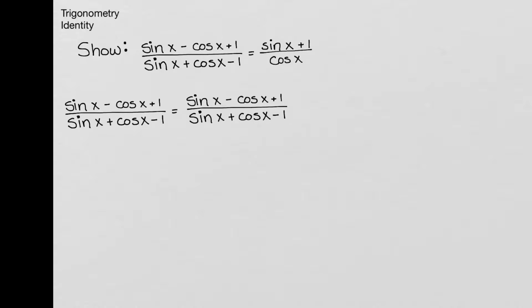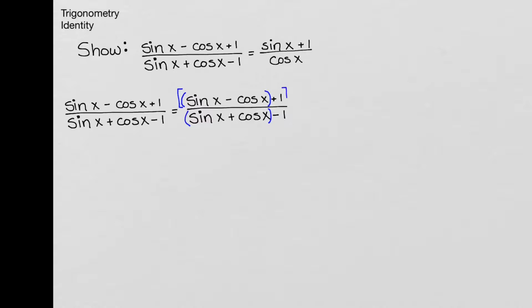Okay, so what I'm going to do is turn this 3-term expression into a 2-term expression by putting parentheses around sine x minus cosine x in the numerator, and I'll do the same thing in the denominator by putting my parentheses around sine x plus cosine x.